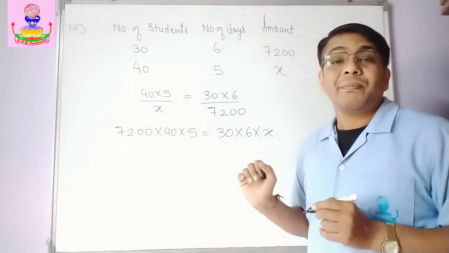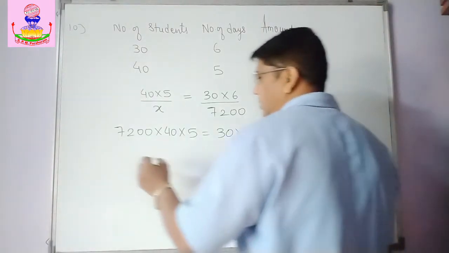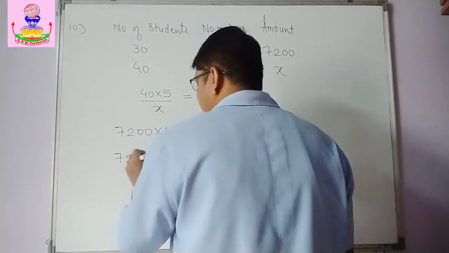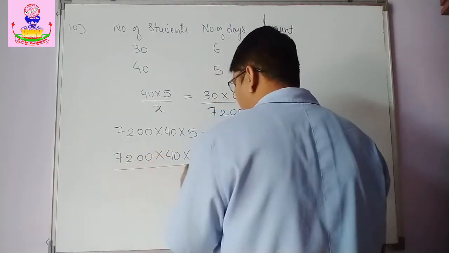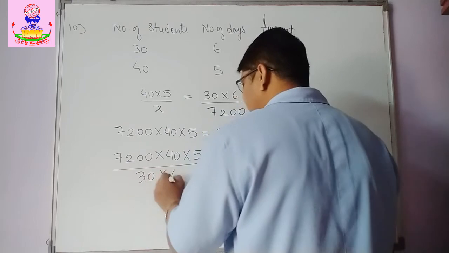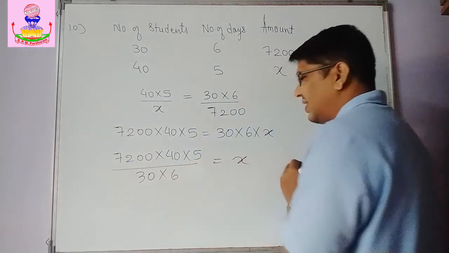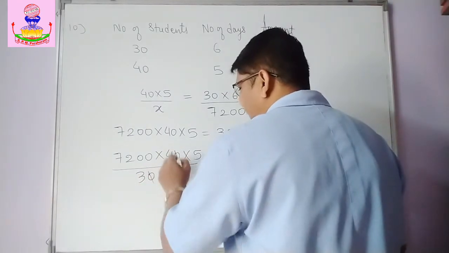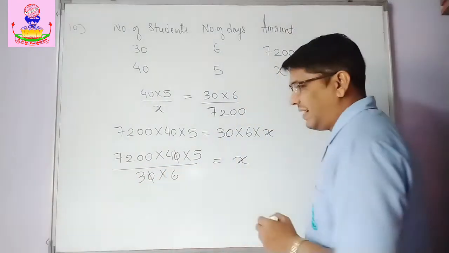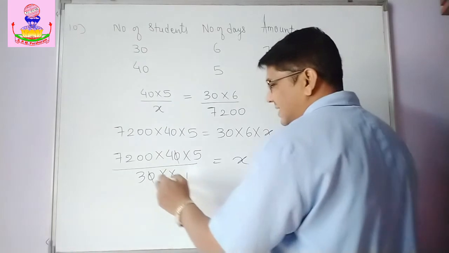Now I don't want this 30 and 6. So bring this to this side. So they will be in, yes, of course, division. So 7200 into 40 into 5 upon 30 into 6, that is equal to x. Okay, now 1 0 will definitely get cancelled, right?